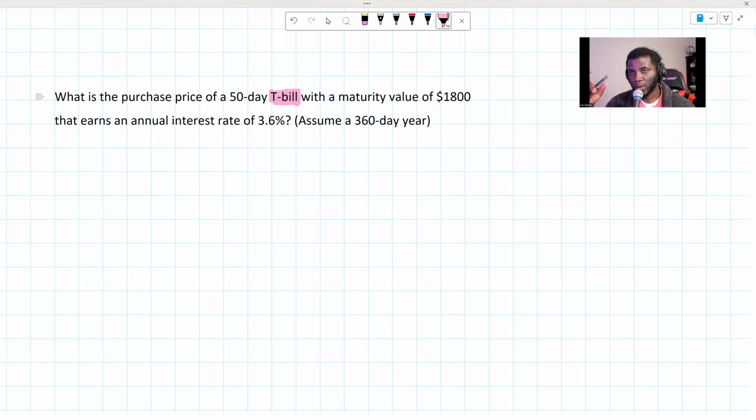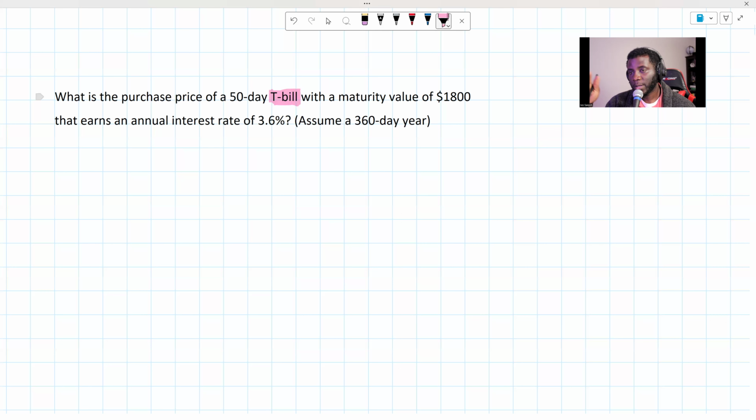So they give you a certain amount at the end of the maturation period, but they also spit out periodic interest payments. But a T bill doesn't have any of that. It's a zero coupon bond. So this makes a lot of the calculations a lot simpler, at least compared to other types of bonds.